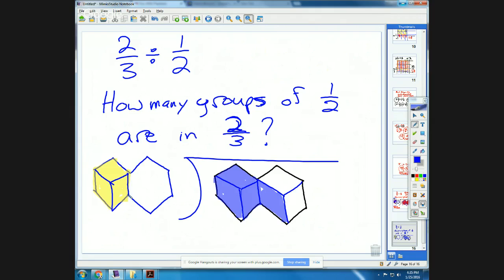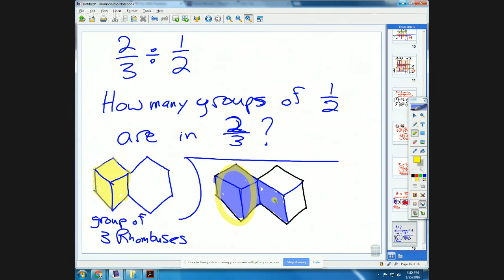And what am I looking for? Well, I would say I'm looking for a group of 3 rhombuses. Okay. Do I have any groups of 3 rhombuses on the other side? I got one of them, right? So there's 1, and then I have this left over.